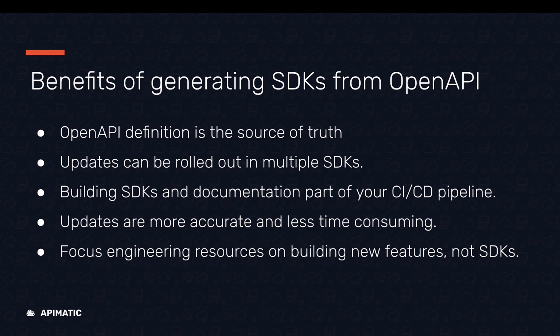You can build your documentation and SDKs as part of your overall CI/CD pipeline. Those updates are definitely going to be more accurate and less time consuming. If you think about it, when you have to change your API, those changes have to roll out into not just the code library, but also to any documentation, code samples, etc. And so there's lots of opportunity to miss an update in one area and frustrate developers.